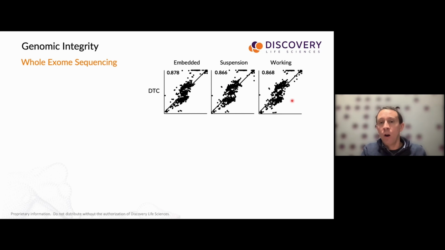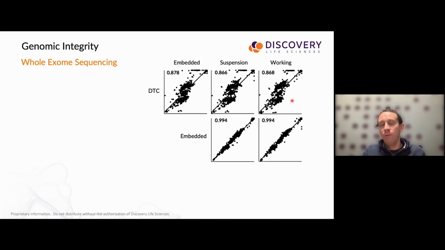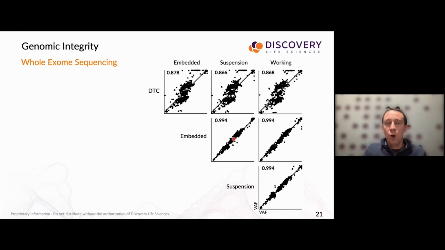As these are developed, that correlation, if you look at the embedded bank versus the suspension bank, becomes almost nearly an R-squared value of 1, so very, very highly correlative, and that is maintained in the suspension versus the working bank. So what this tells us is that the genomic integrity is maintained from that parent sample all the way through to the working bank that we're going to use for our studies.